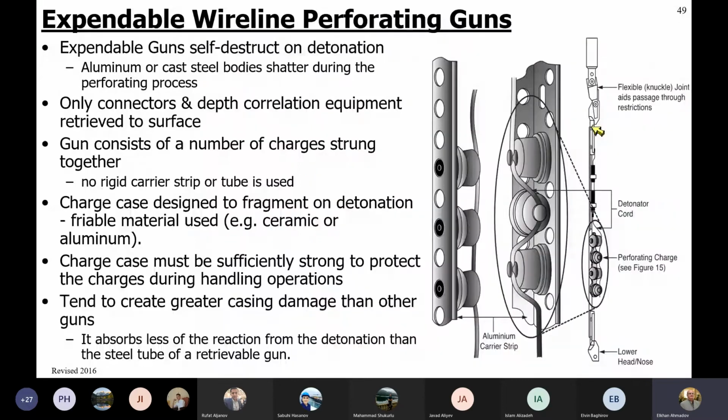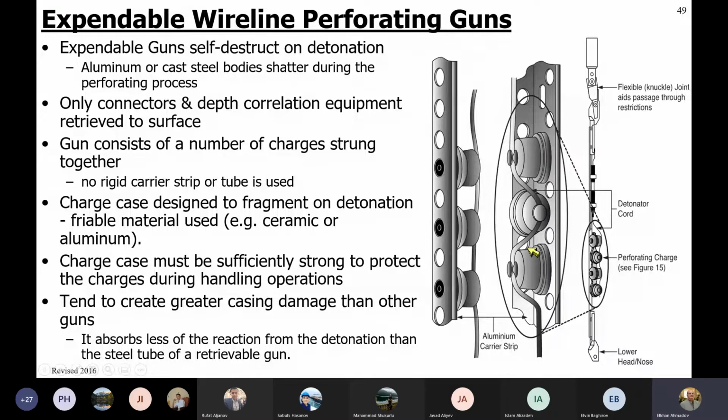You can see here, this is the aluminum carrier strip, and the charges are screwed into this carrier strip, and it can be done in different orientation. So it is just how you stick this into this aluminum carrier.